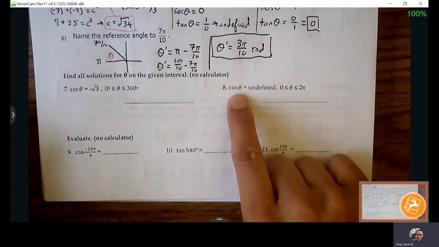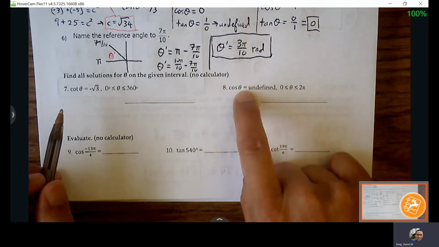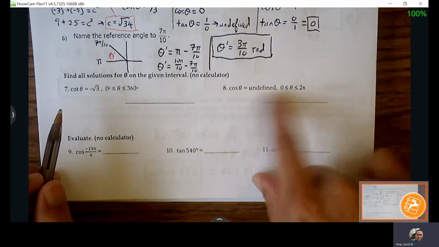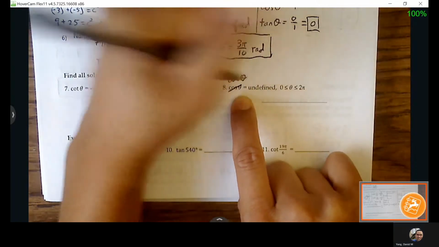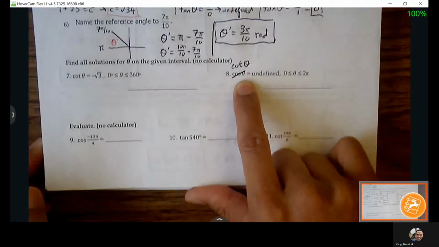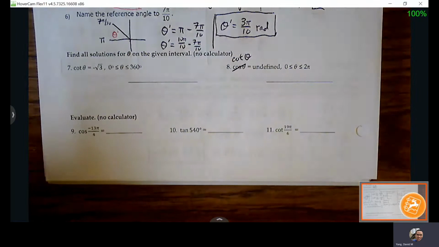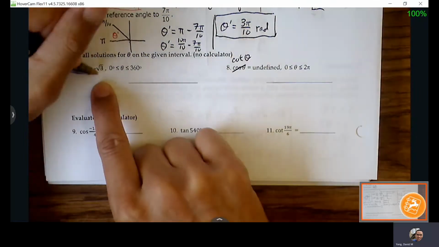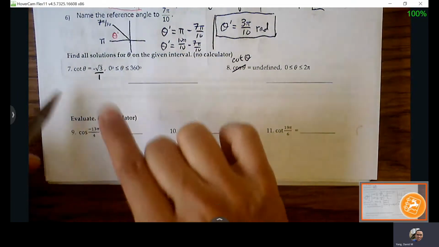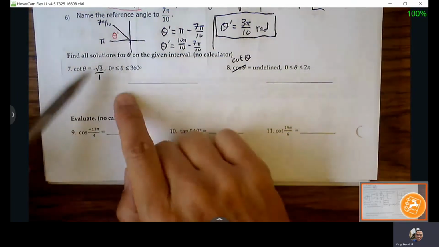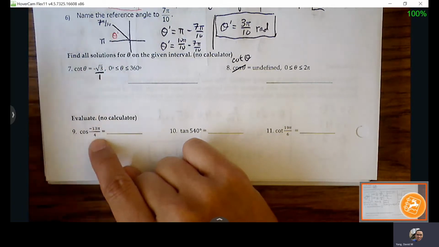Before we get to 7, 8, just want to point out cosine is undefined, never, right? You're never going to find a place where cosine is undefined. I didn't mean to do that. You can change that to cotangent. Okay, cotangent is equal to negative root 3. You know that cotangent is x over y. So we're basically looking along the unit circle to see where we're going to get x over y to be root 3 over 1.